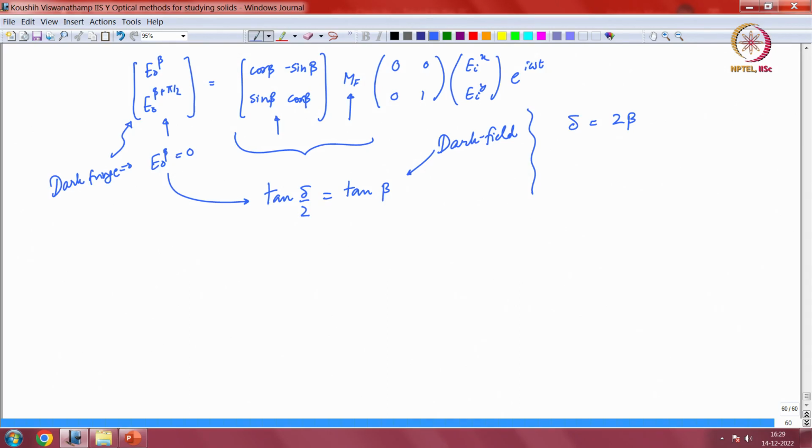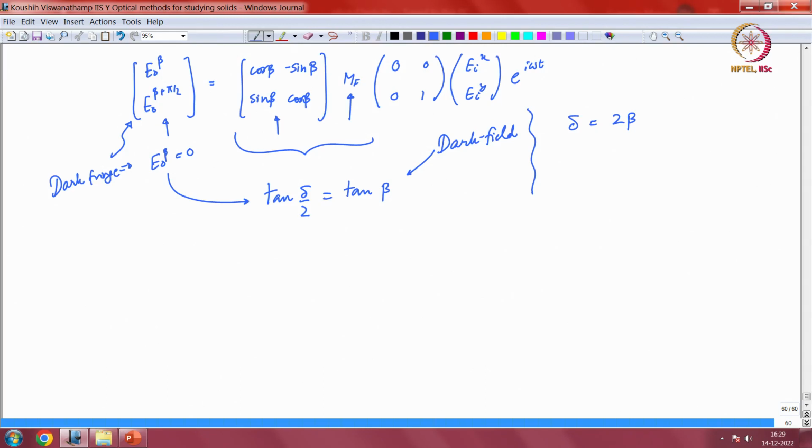You can of course add any 2 pi to this, it will give you the same value, but this basically is the fundamental relation. So, by rotating the analyzer various degrees, you can actually get a dark fringe to come over the particular point of interest, and at that point you get delta equal to 2 beta. Okay, so that is step number 2.